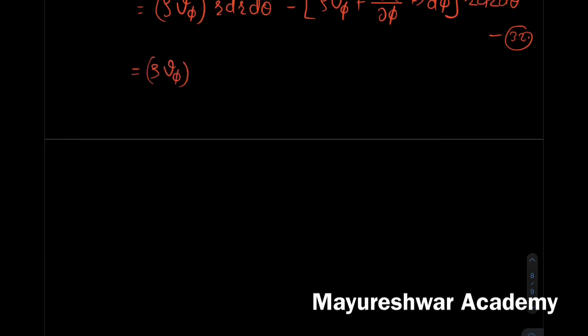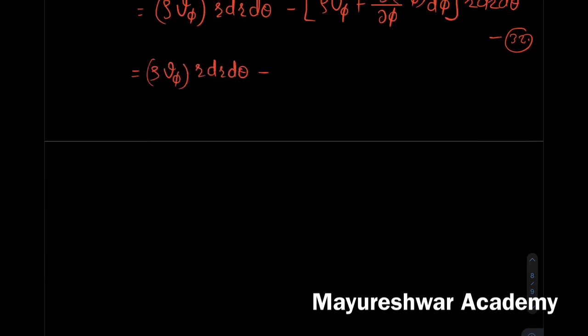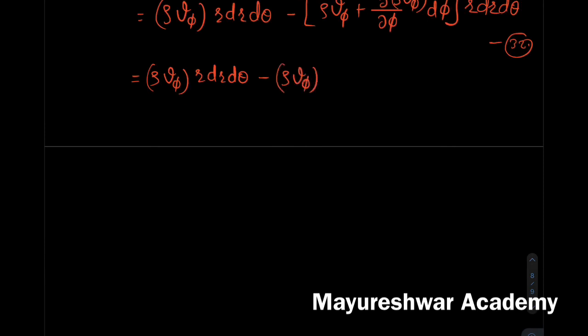Rho v phi r dr d theta minus rho v phi into r dr d theta minus partial over partial phi of rho v phi into r dr d phi d theta.